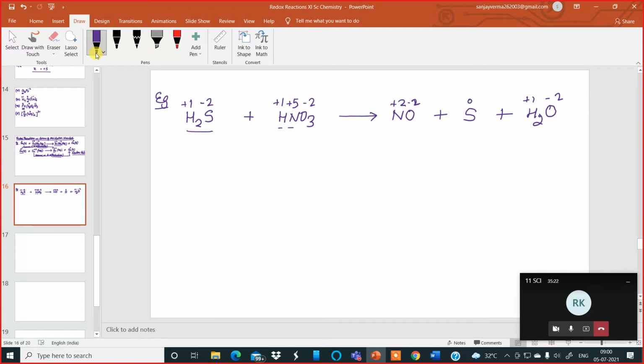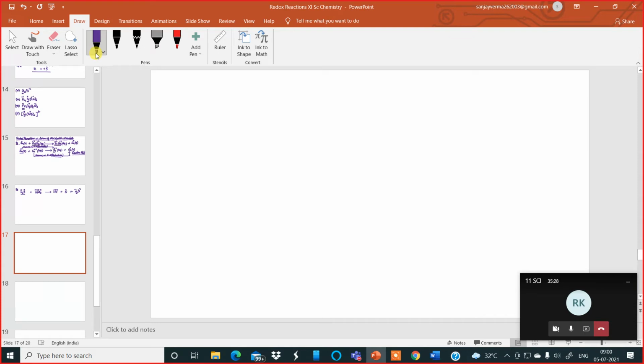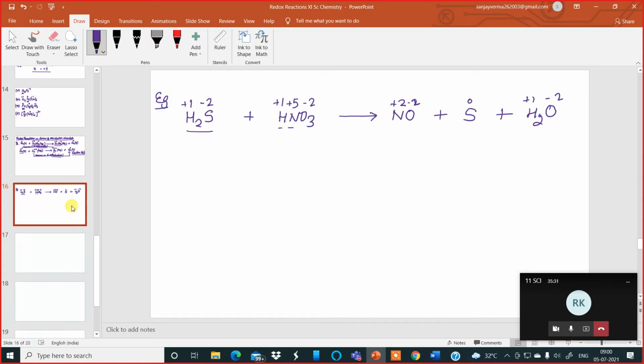Once we have the oxidation numbers, we will see which ones change from the reactant to the product. Hydrogen is +1 and is not changing. Sulfur is -2 and has become 0.